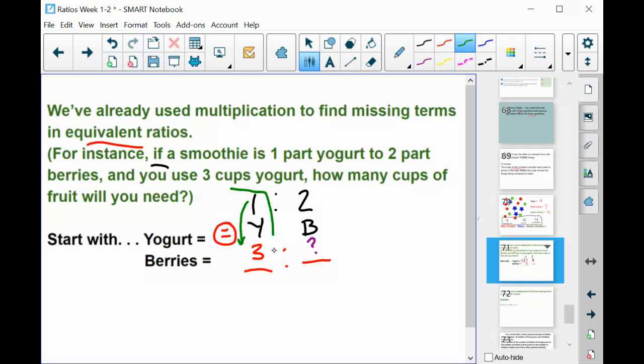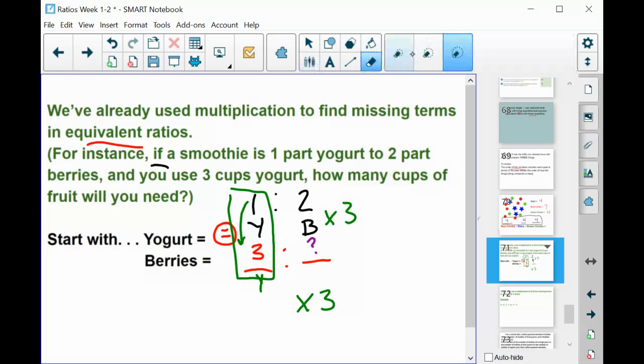What happens to this term 1 to get to that equal term of 3 cups of yogurt? Yeah, can you see that that is times 3 or multiplying times 3? So we're going to use multiplication over here, and we're going to multiply our 2 cups of berries for every cup of yogurt to find out how many cups of berries we will need if we use 3 cups of yogurt. So 2 times 3 is 6.